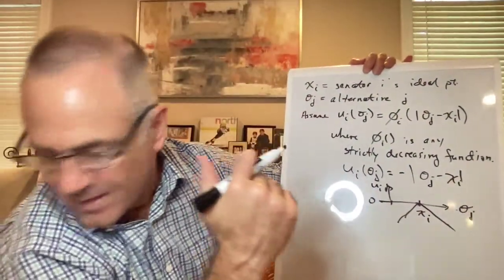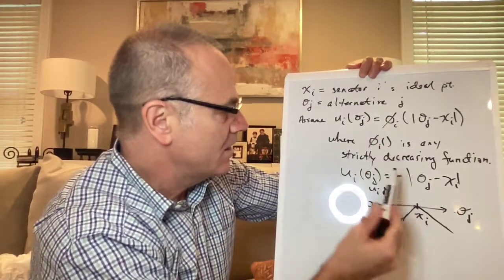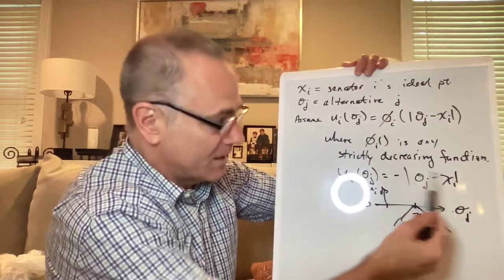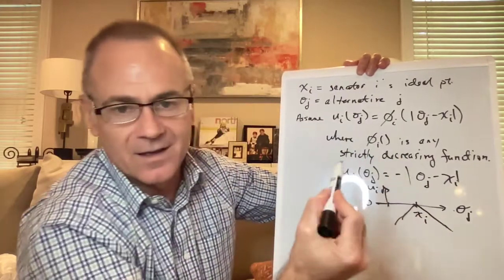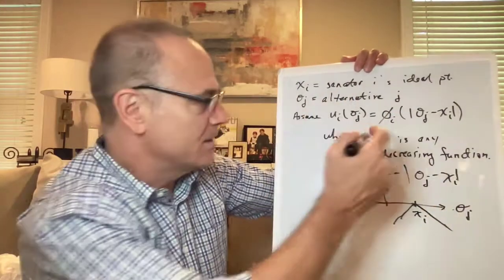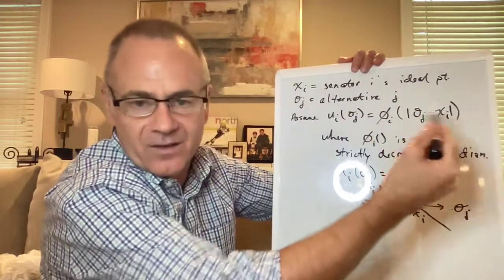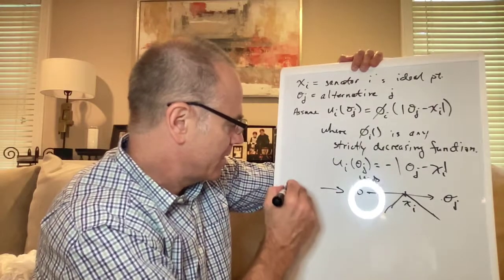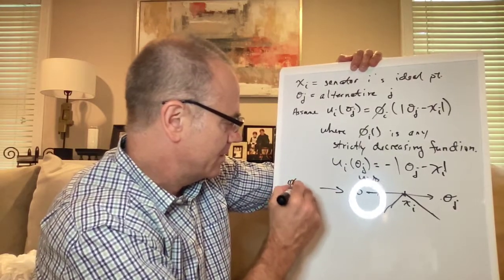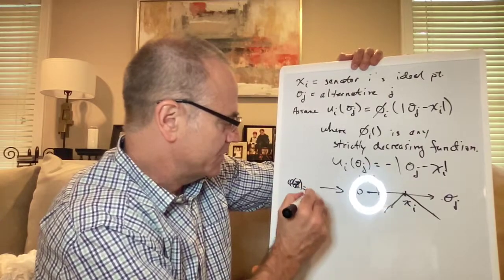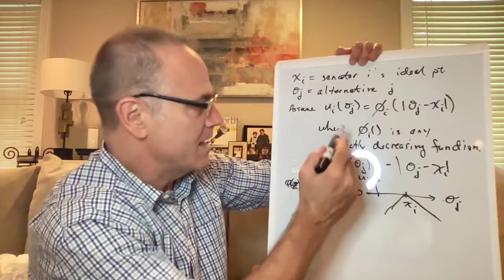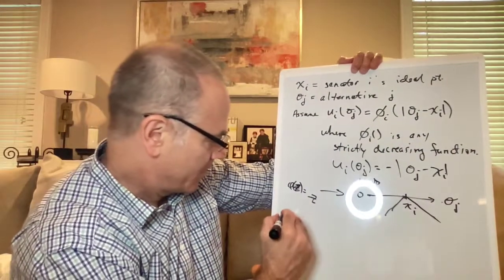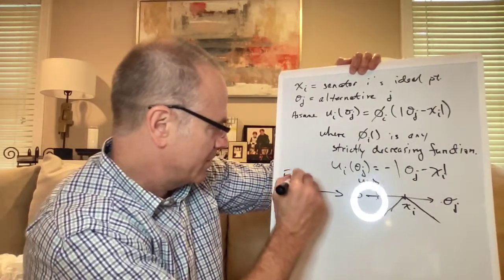In the case that I've done, phi is just the negative of whatever is in the argument. So phi of z just equals negative z. It's negative what's in that absolute value. So okay, that's example 1.